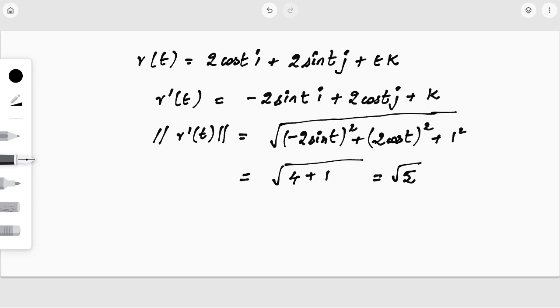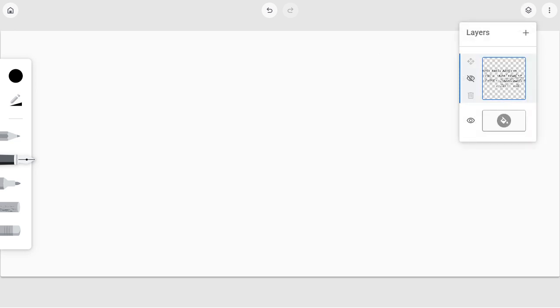Now we will apply these values to our arc length formula, and we can see that s is equal to the integral. Now we have to change the parameter, so we are going to take the integral from 0 to t of the magnitude of r dash of t, which was root 5, and we are using a dummy variable u.